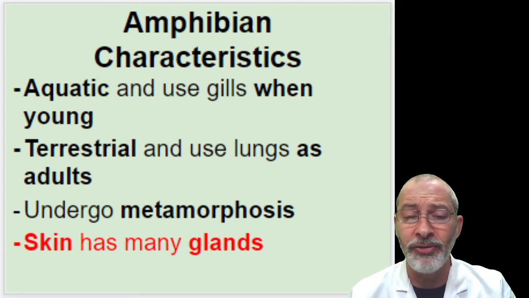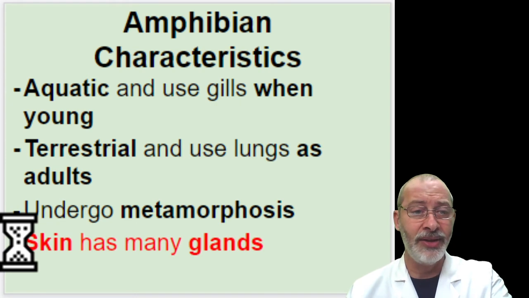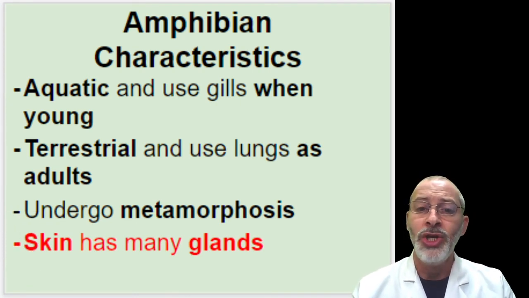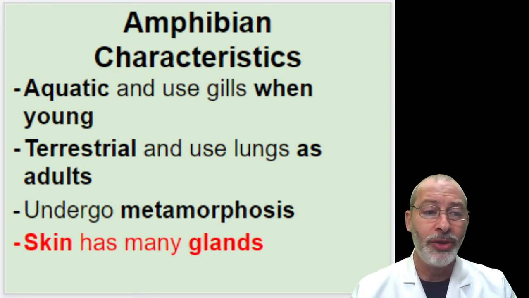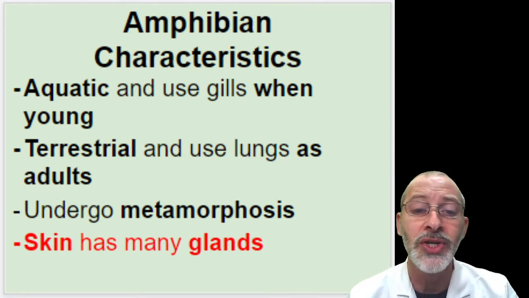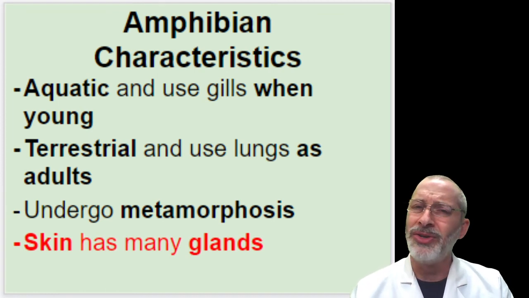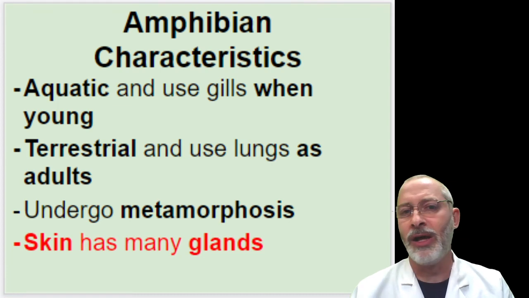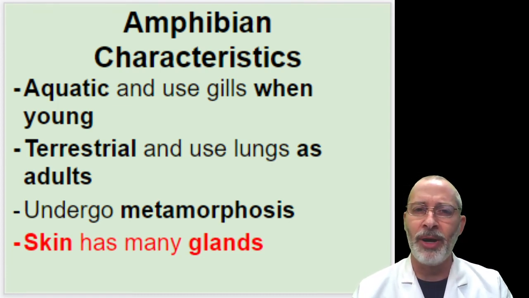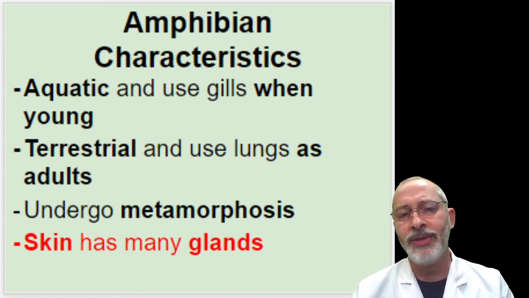And as I mentioned before, their skin has many glands, and these glands enable them to also breathe through their skin in addition to breathing through their lungs when they are adults, because their lungs are not really fully developed like a mammal's lungs are. So they still depend upon a damp environment and certainly damp skin.